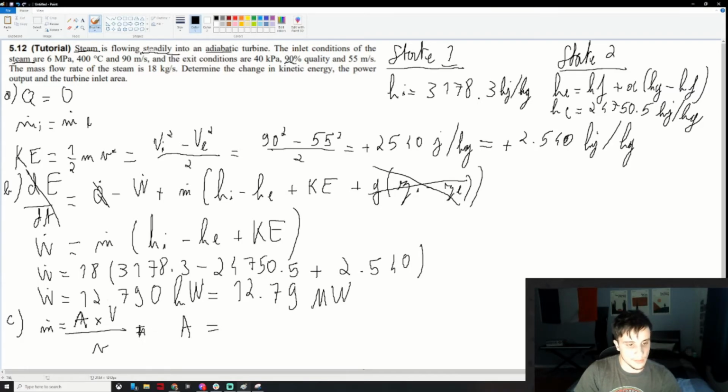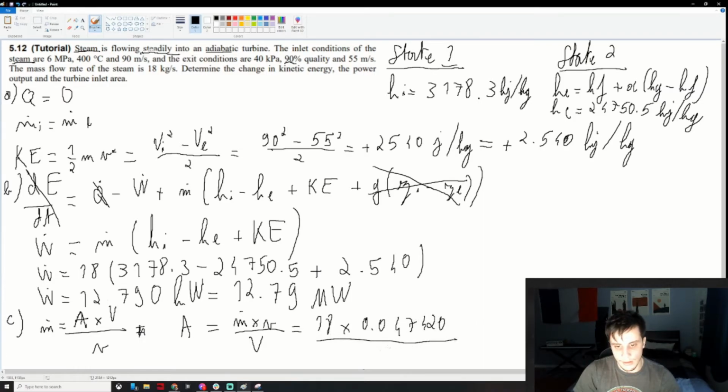So area will be equal, if we were to change the equation, to mass flow rate times specific volume divided by velocity, and that'll be 18 times, we found specific volume to be 0.047420, and velocity is given as 90 meters per second. That should give you an inlet area of 0.00948 meters squared. Okay, so that was a pretty straightforward exercise.